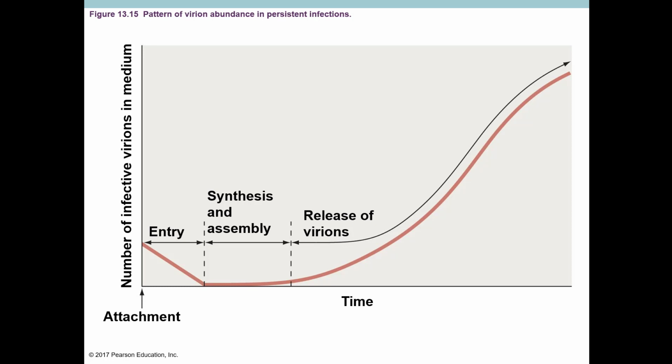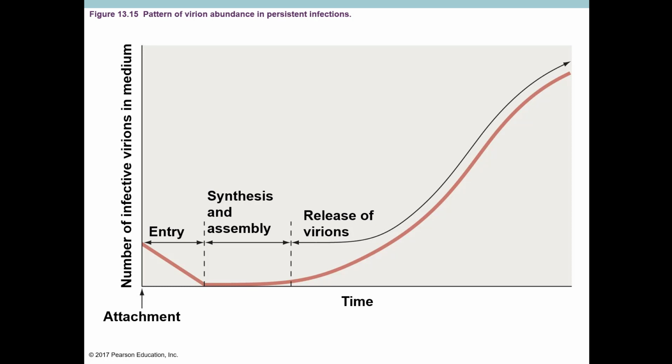And so when you have a persistent infection, do you remember the graph I showed you earlier when there was a big burst of virus from lysis of the host cell? There was a very steep slope of the curve.